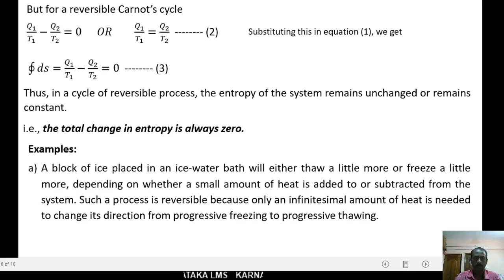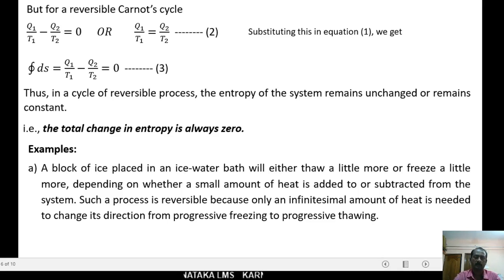First example, the block of ice and water. A block of ice placed in an ice water bath will either thaw a little more or freeze a little more, depending on whether a small amount of heat is added to or subtracted from the system.